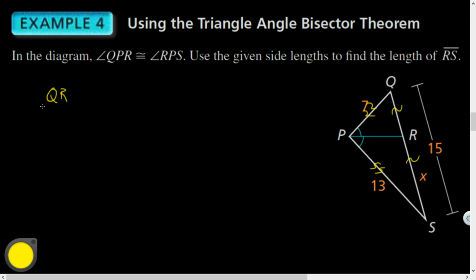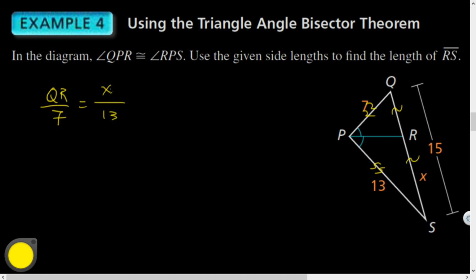So QR is to 7 as x is to 13. There's more than one way you could have set this up. So this part to that is the same as x is to 13. Now, I'm actually not going to be able to solve for x or QR.